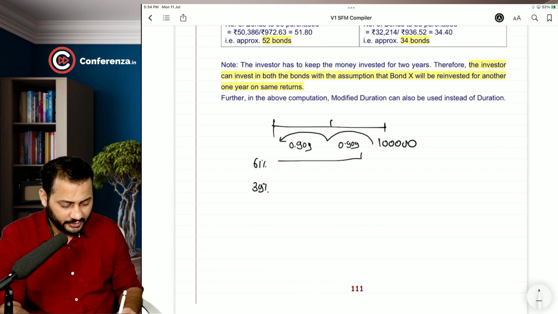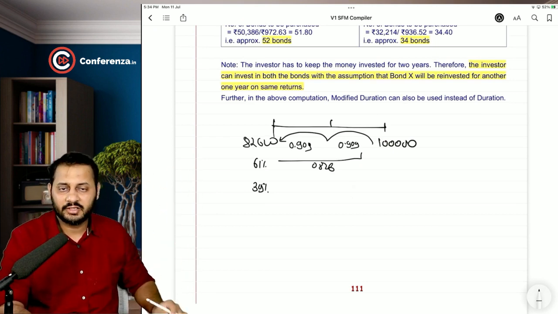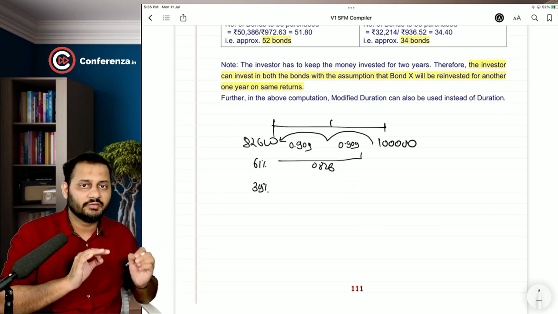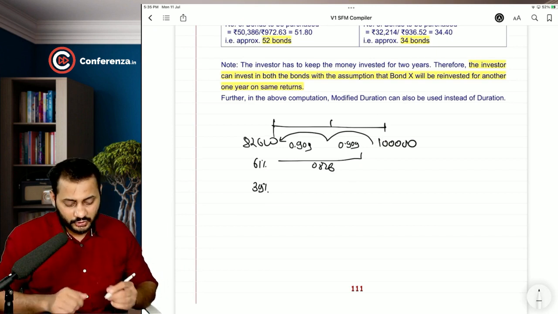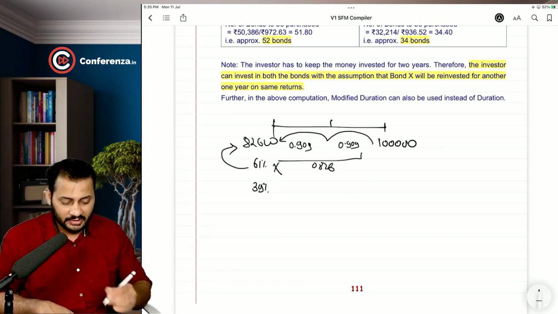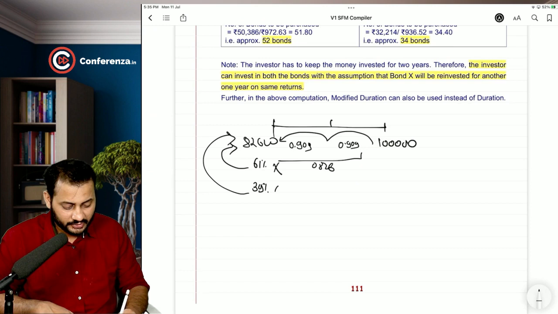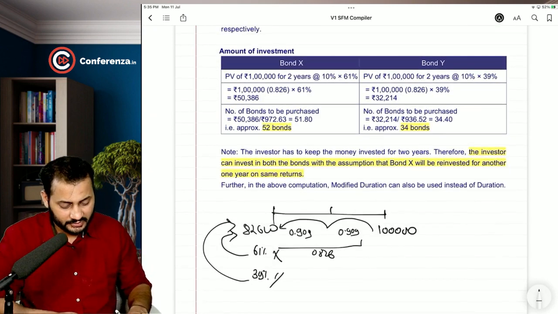That means 0.826. That is 82,600. If you invest 82,600 at 10%, after 2 years it will become 1 lakh, which is exactly what you want. So 61% of 82,600 should be invested in X and 39% of 82,600 should be invested in Y. Simple. So you will get the amount. Have a look at this now.